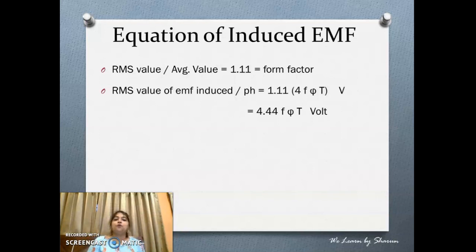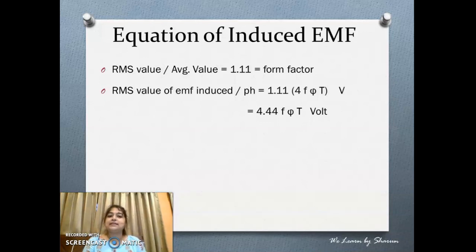Now 4.44 F phi T volts is the EMF induced in a full pitch concentrated type of winding. But practically the windings are short pitch as well as distributed type. So then what will we consider? We will consider the pitch factor and distribution factor, just as we've seen earlier.